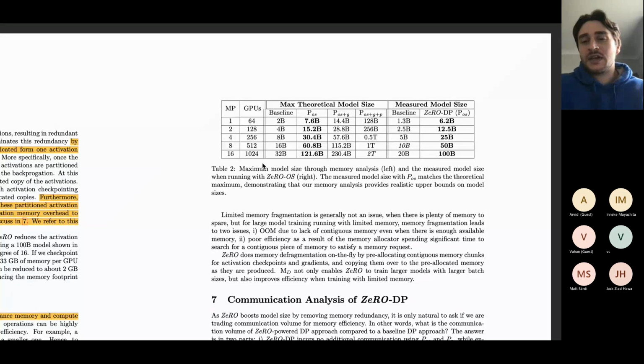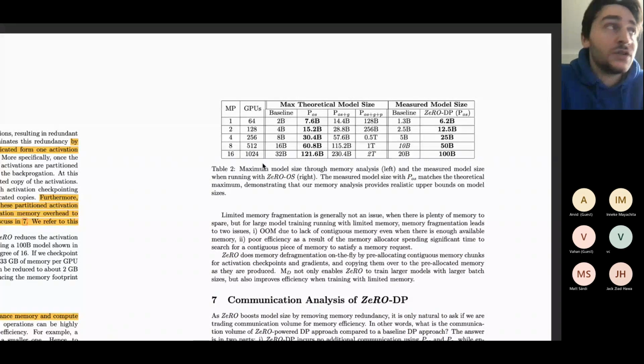So increase in performance is like what size model you can train on this number of GPUs. They're assuming all the GPUs have 32 gigabytes of memory. And I think they're assuming a fixed batch size because you kind of have to.